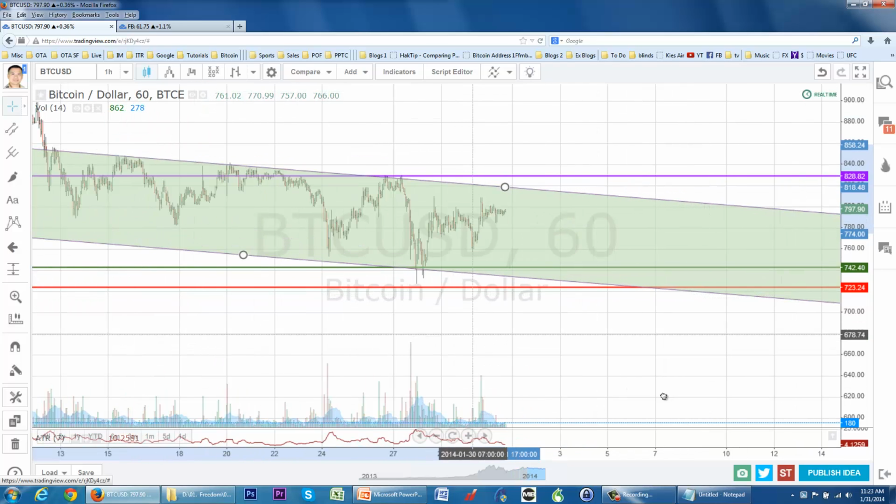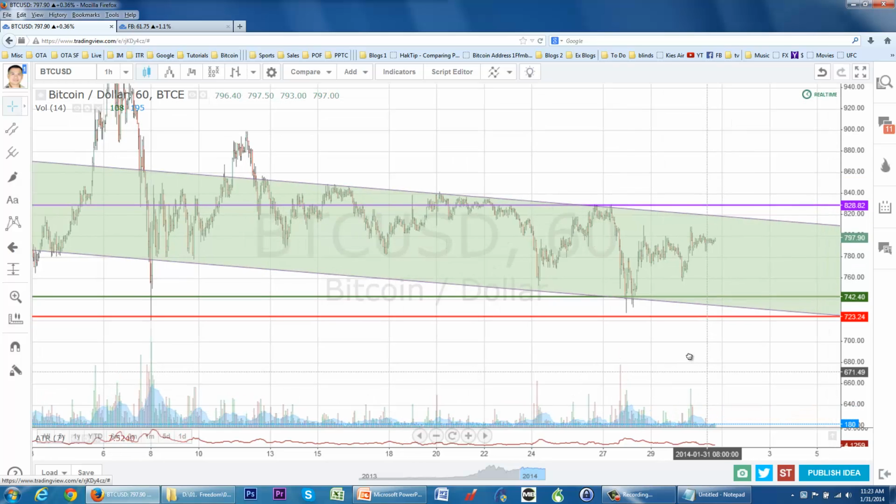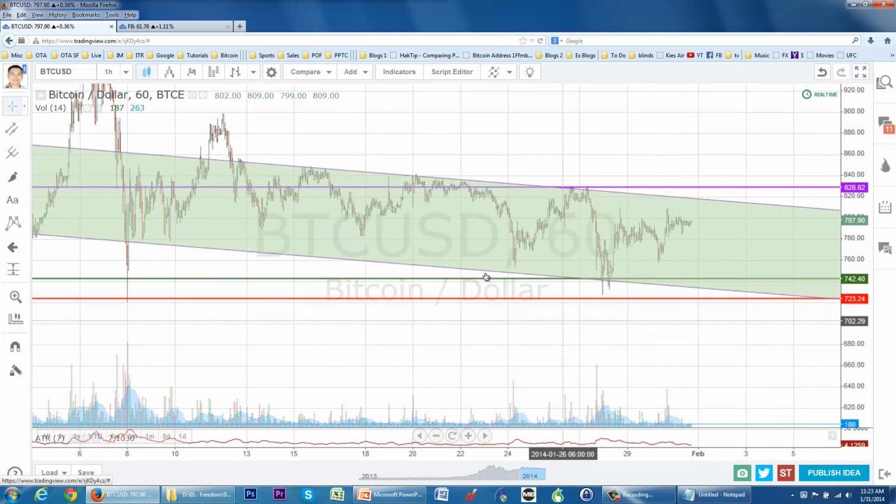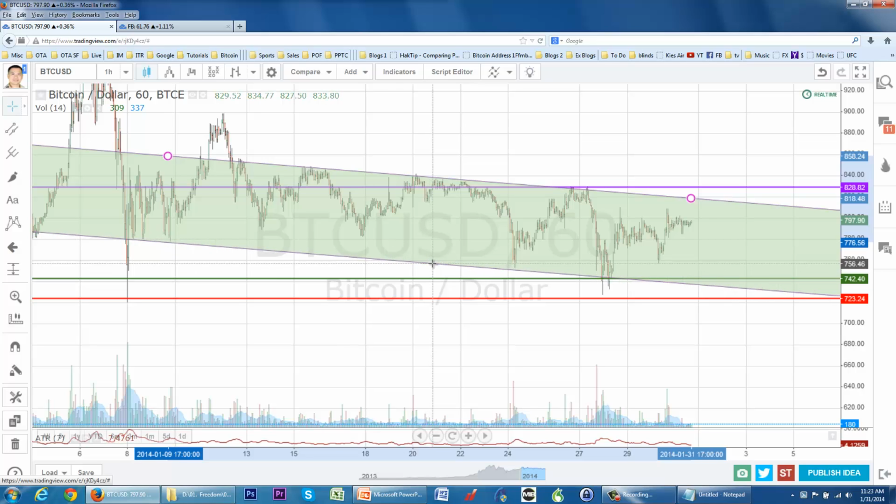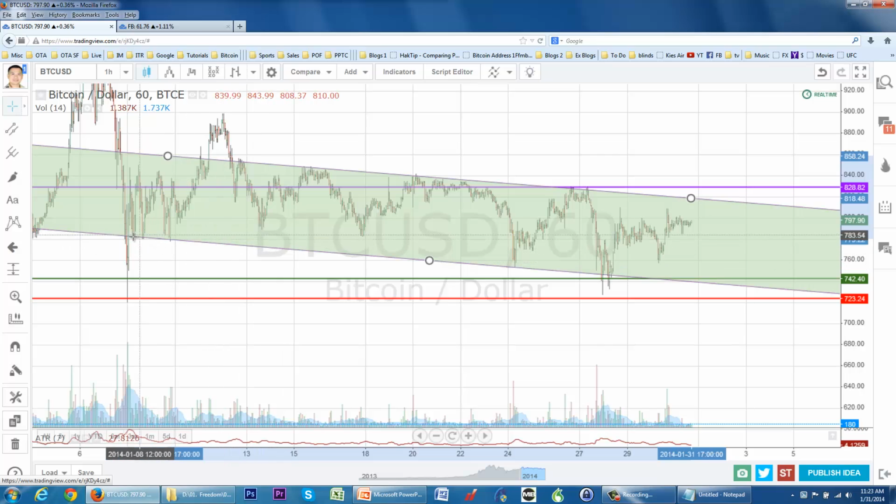Okay, so there is my sideways market right there. And for the purpose of this presentation, I'm just rushing through it, guys. So I'm drawing my sideways market where it's hitting those majority hits rule that I use to draw my trend lines. Okay, so right there.